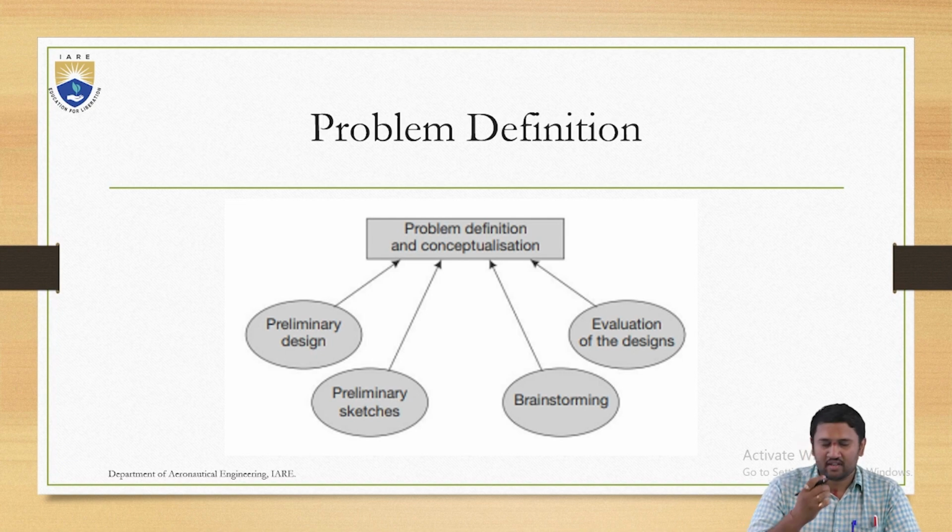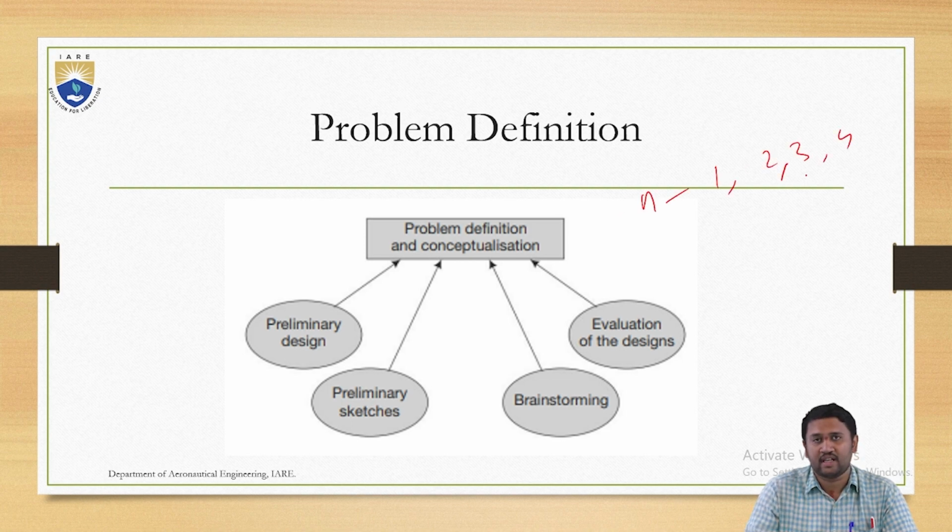While solving a problem, you will have multiple designs, let's say 1, 2, 3, 4, right? All 4 divisions will have a number of processes, or a number of designs you will be having.